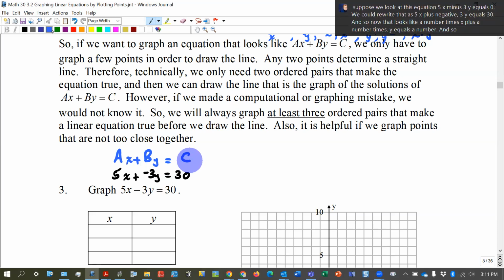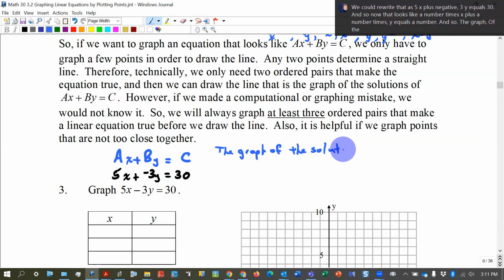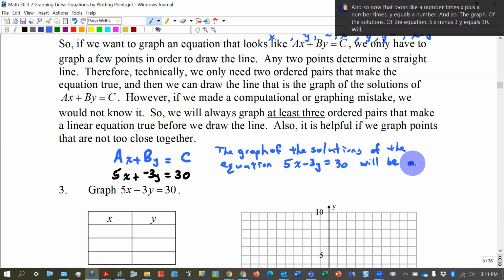And so the graph of the solutions of the equation 5x minus 3y equals 30 will be a line.